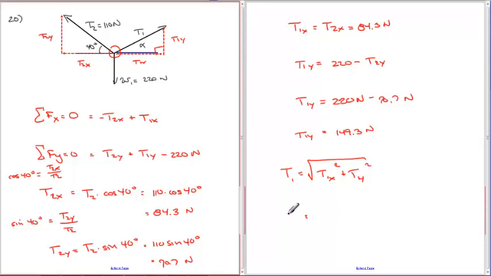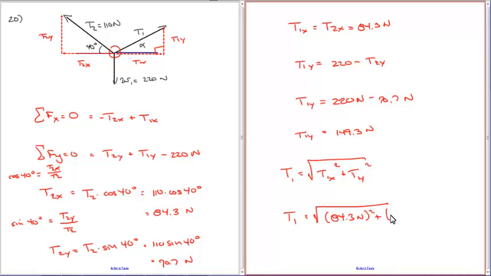So T1 is equal to the square root. T1x is 84.3 newtons. T1y is 149.3. I probably carried one additional, possibly too many significant figures. Don't worry about that right now.